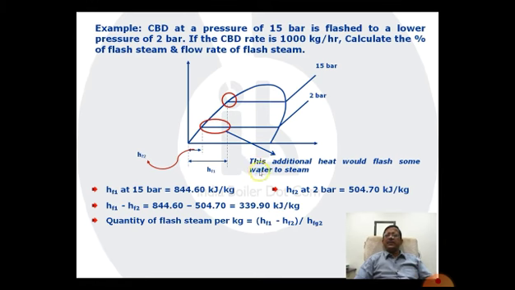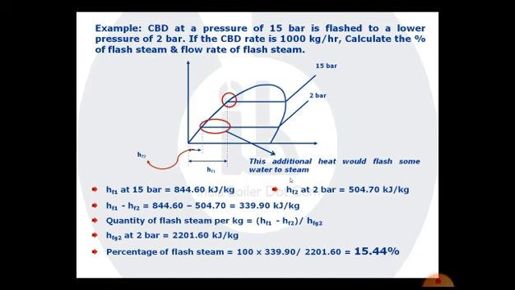This is a simple equation you have to follow, assuming no heat loss to the surroundings. HFG2 at 2 bar we can find from the steam table. Therefore, the percentage of flash steam is 15.44%, and when we know the condensate rate is 1000 kg, the flow rate of the flash steam is 154.4 kg per hour.